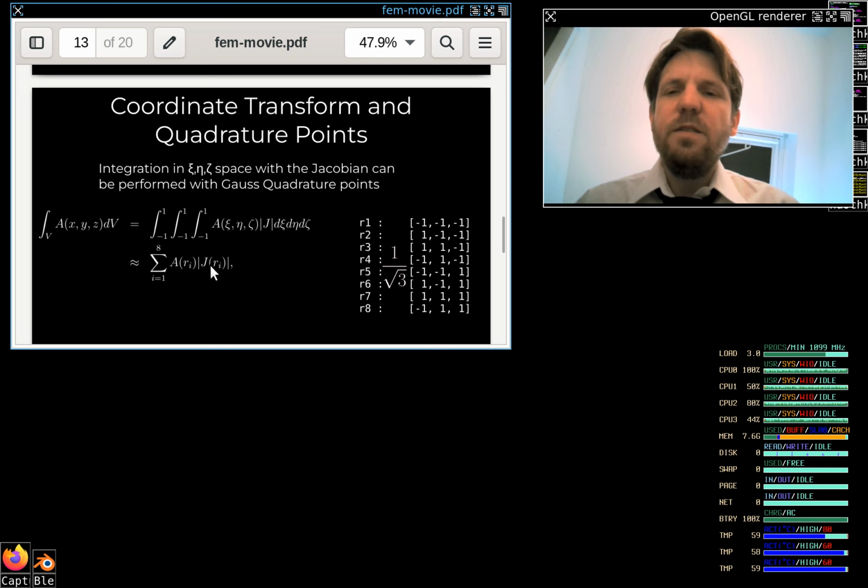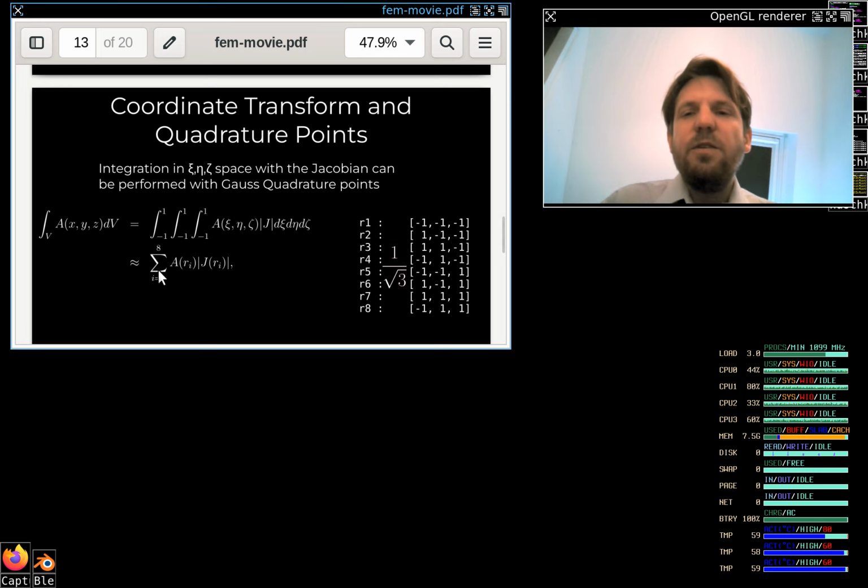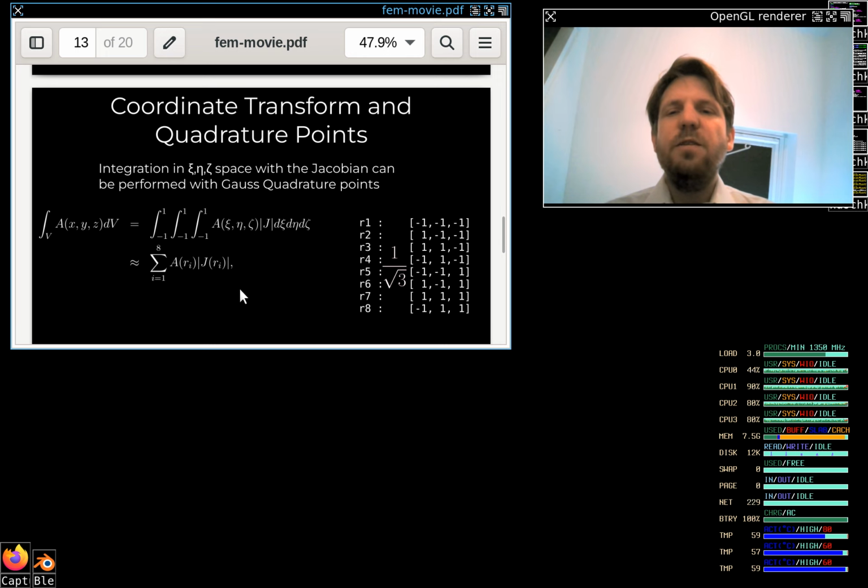Using this sum, you have calculated A over this little volume. That's the whole story. So 8 points for the whole integration, a sum over 8 points using the Jacobian. That's why we transform to this cube going from -1 to 1. That's the whole story about it.